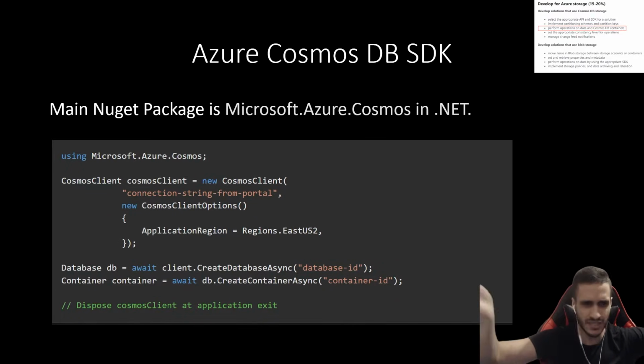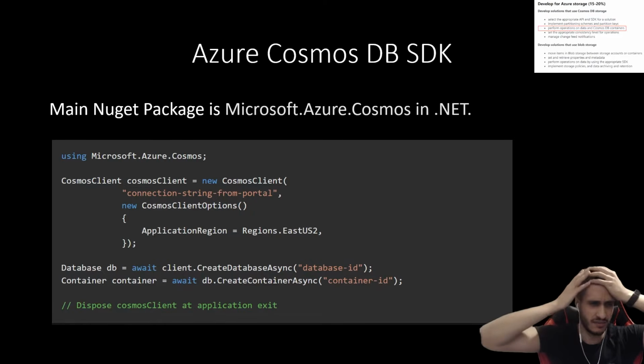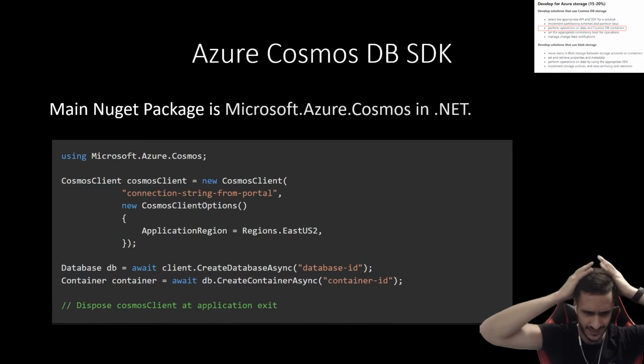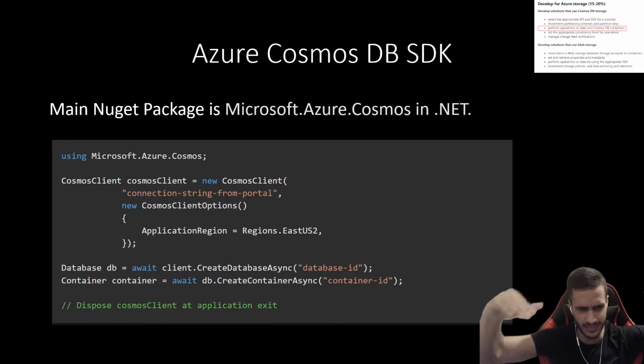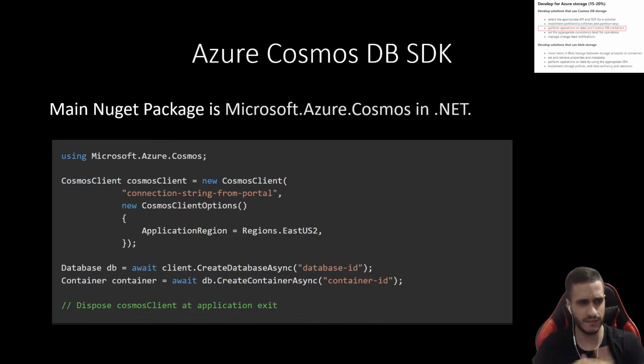It's pretty standard if you're used to using Entity Framework or any other SDK for databases. This follows the standard convention, so it should be very easy to use. Now, the exam will not ask a lot of questions around this, but it is important to know how you define this Cosmos client, which you can then use to create your database object and then a container object.